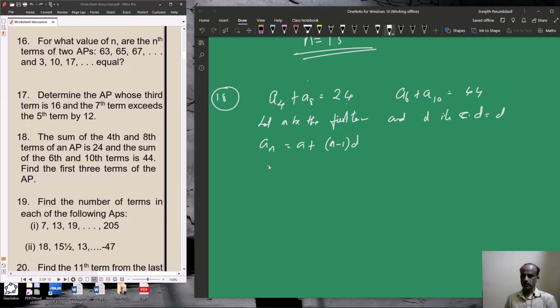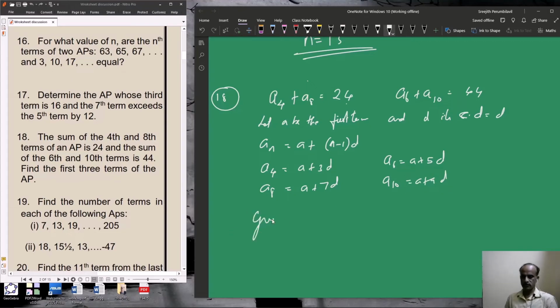Okay, therefore A4 is equal to A plus 3D. A8 is equal to A plus 7D, because when I put n is equal to 4, you will get 3D, and when I put n is equal to 8, I will get 7D. A6 is equal to A plus 5D. A10 is equal to A plus 9D.